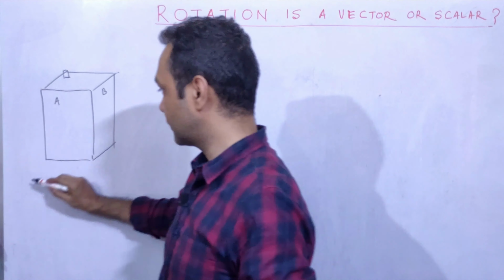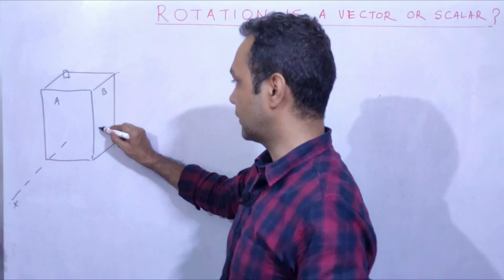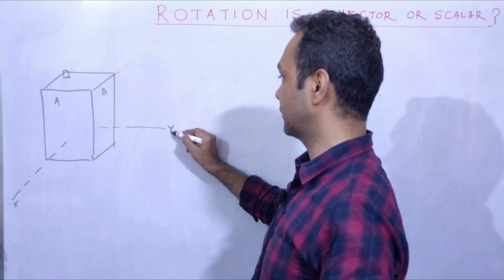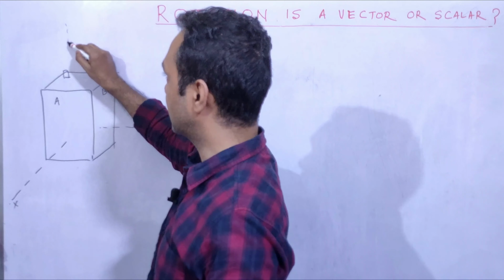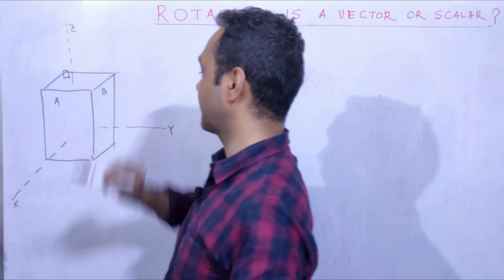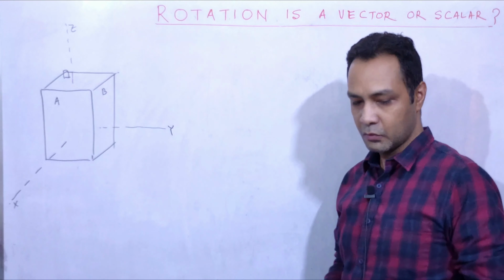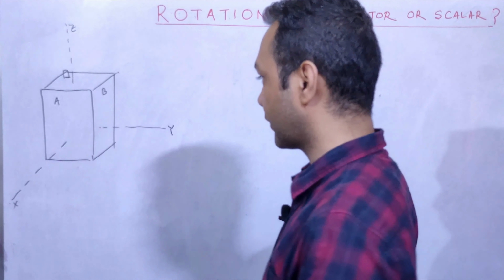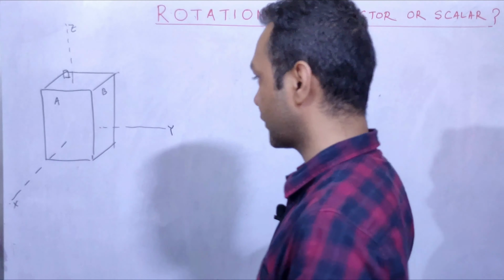This is say the x-axis, this is the y-axis, and this is the z-axis. We have to do two rotations. The first rotation is about the x-axis, counterclockwise direction, a 90 degree rotation, and the second rotation is about this axis.